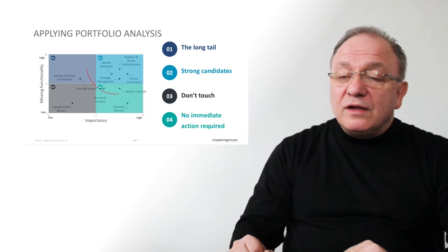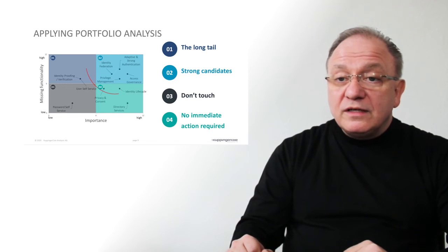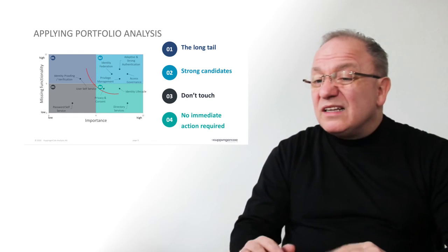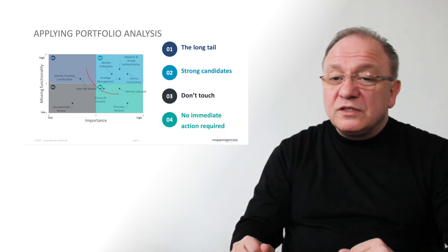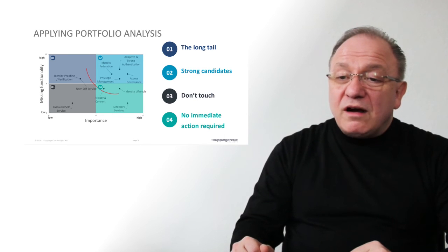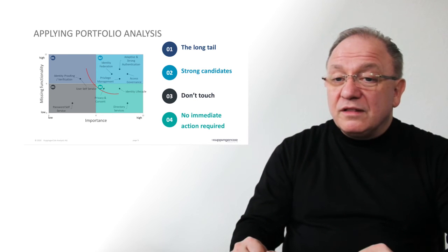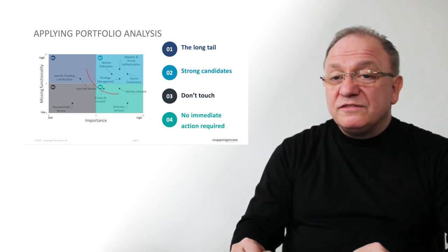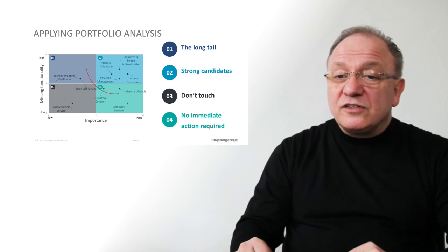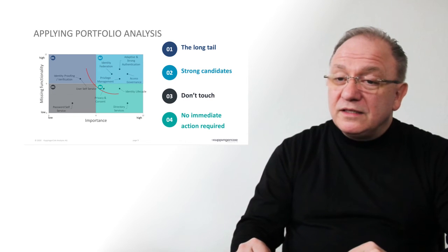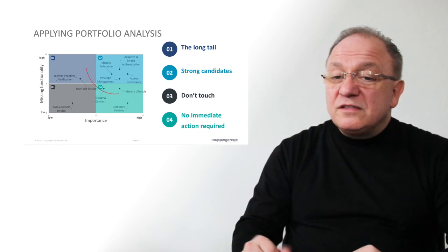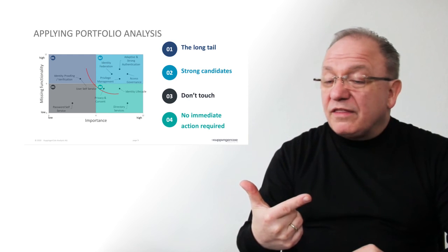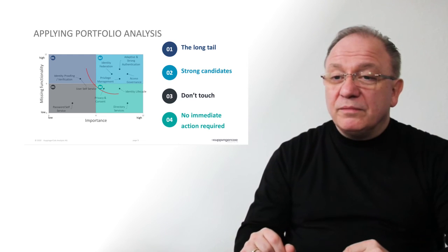If we start to the lower left corner, which is entitled 3, and which I said is the don't touch quadrant, these are functionalities, building blocks that are of little importance and don't have any missing functionality. So they are rather function complete or feature complete. So what do you do with these? They are working. Nothing is missing, don't touch, just keep them.